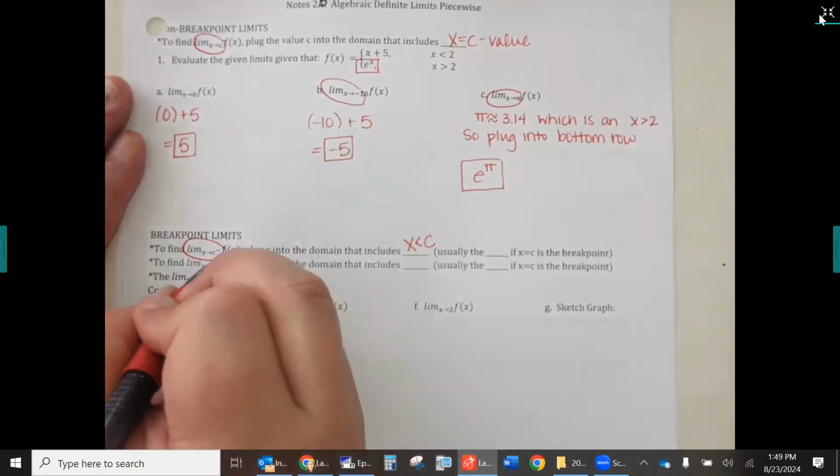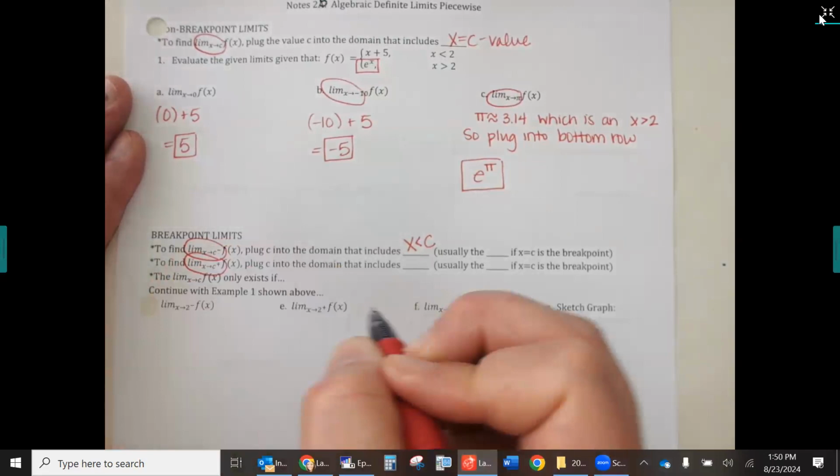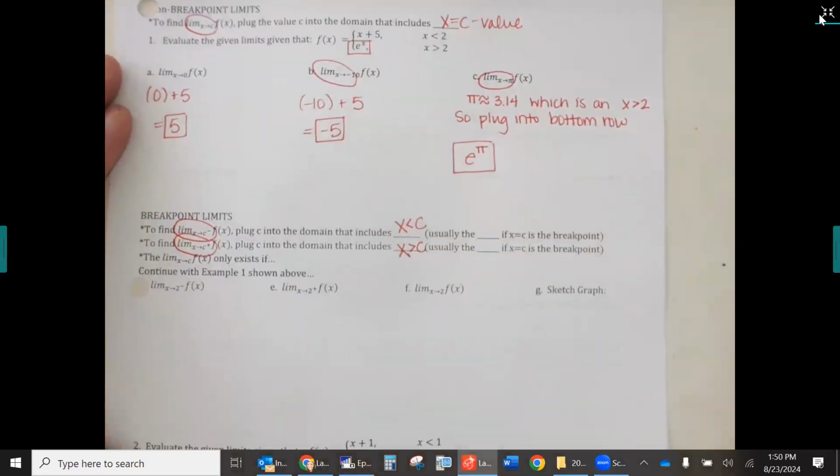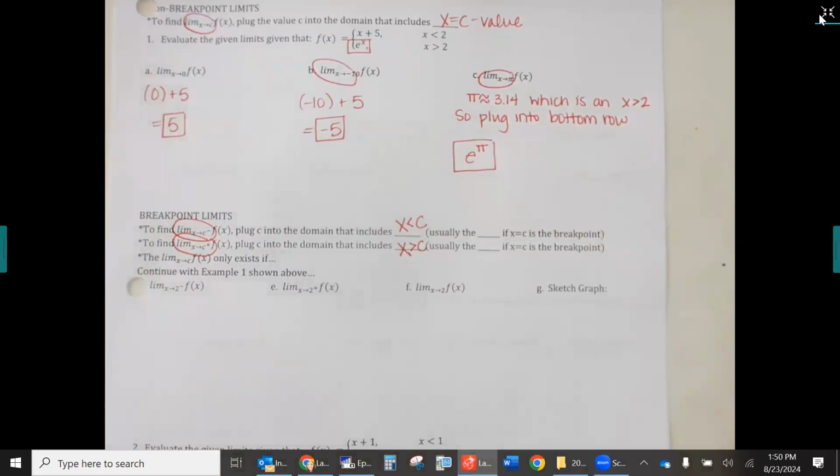If you want the right-hand side, you're going to use x greater than that number. If you think about a number line, that should make sense. If I'm trying to approach 2, all of the numbers to the left of 2 would also be smaller than 2, and on the right side of 2, all of those numbers would be bigger than 2.